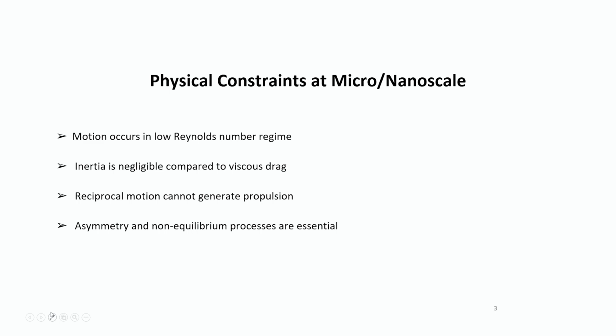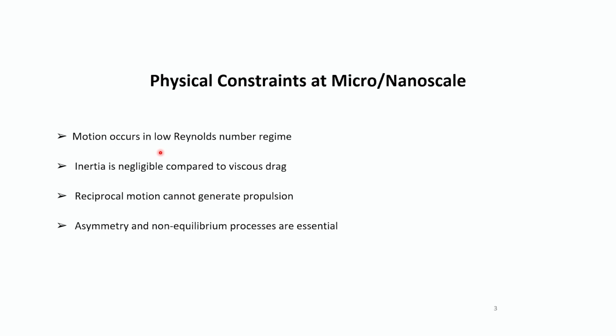So as we have already discussed in our previous lectures, the physical constraints that act at the micro nano scale, so motion occurs in low Reynolds number regime. Your micro nanobot is of a very small size, so its motion is basically governed by low Reynolds number regime. That means that the motion is affected by a high viscous force as compared to the inertial force.